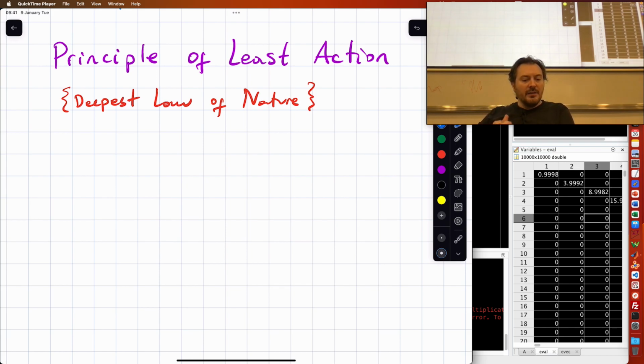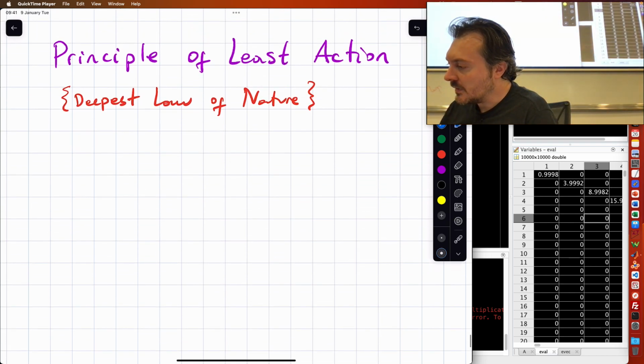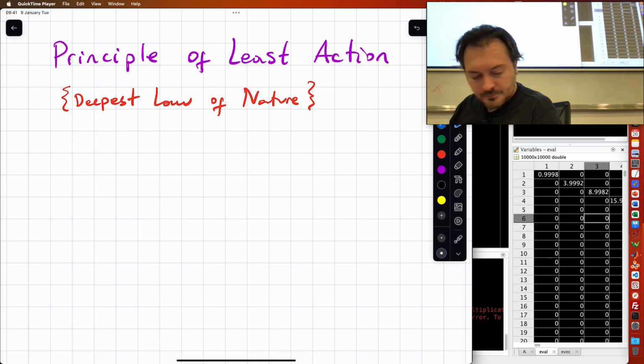How did we arrive at this? We arrived at this by thinking about Newton's equations in a more mathematical way, okay? One thing led to another, and we arrived at this principle of least action. So what does it mean? Let me tell you this.